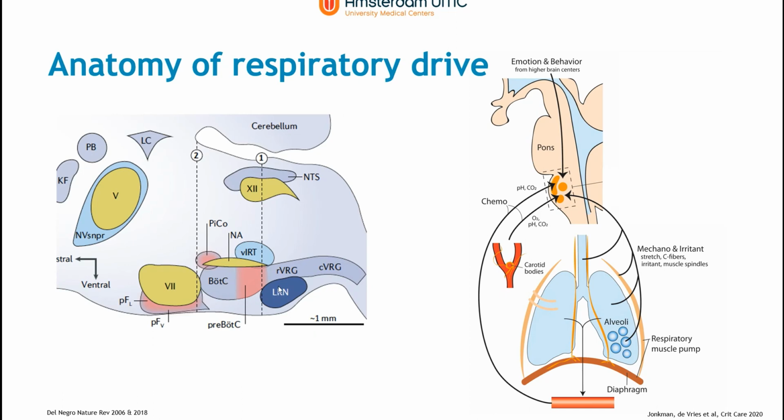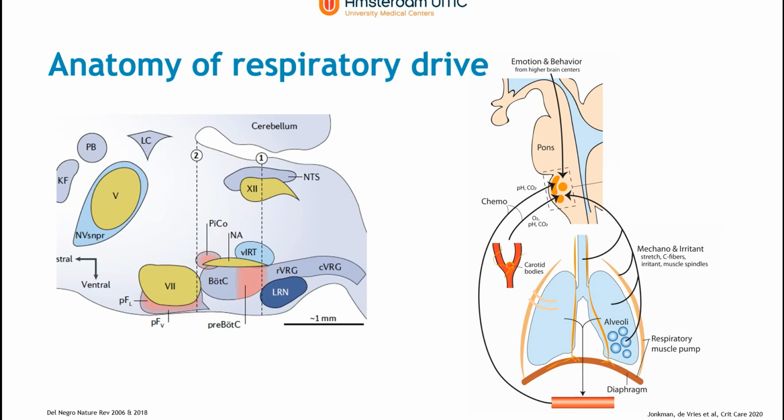The pre-Bötzinger complex contains interneurons that generate the rhythm of inspiration. Another important area is the lateral parafacial region that generates the rhythm of expiration. So there are different pacemakers for inspiration and for expiration. And there is the post-inspiratory complex, the PiCo, that generates more or less the activity of the respiratory muscles between inspiration and expiration, the post-inspiratory phase.